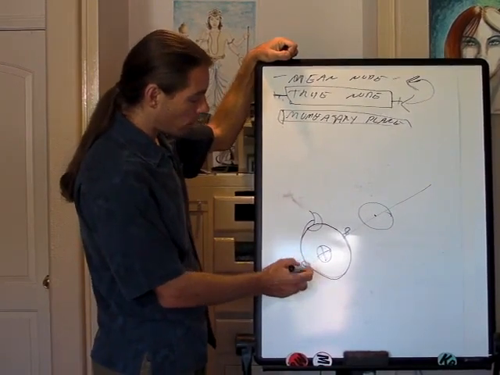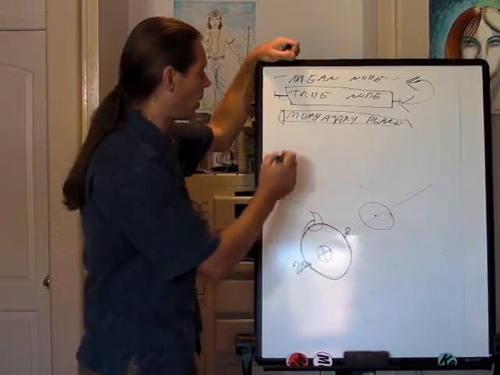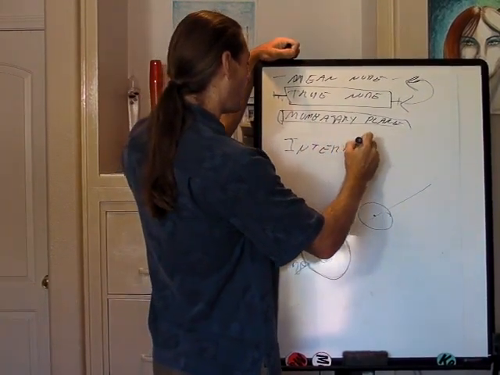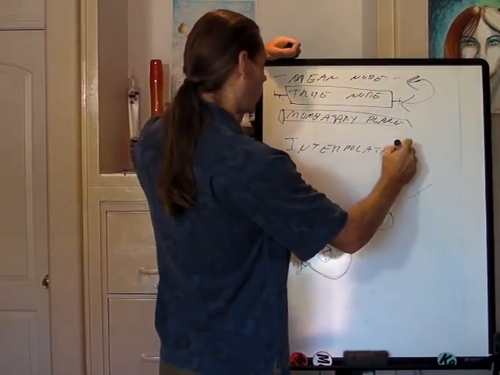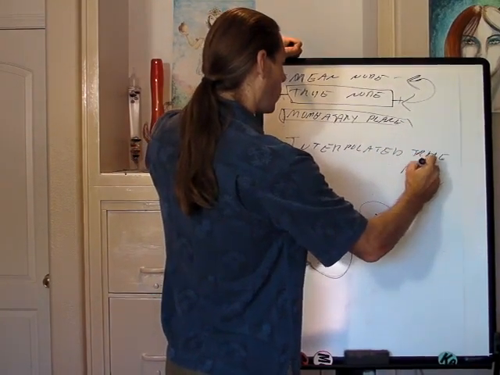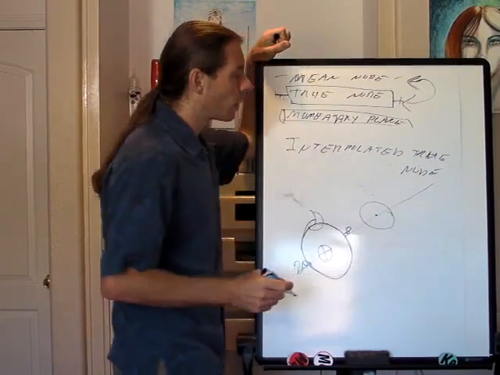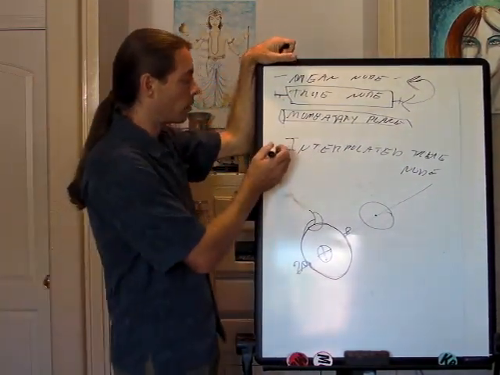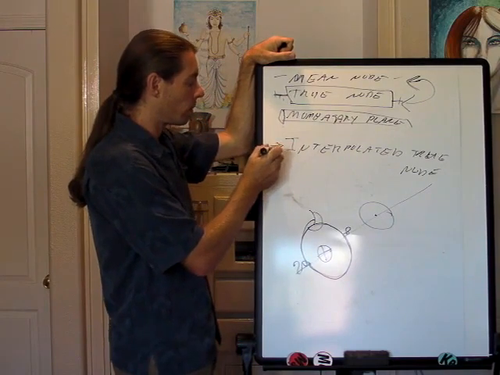So I programmed this calculation into Kala, and I've called it interpolated true node. So if you're using Kala software, you now have another option for calculating Rahu and Ketu called interpolated true node.